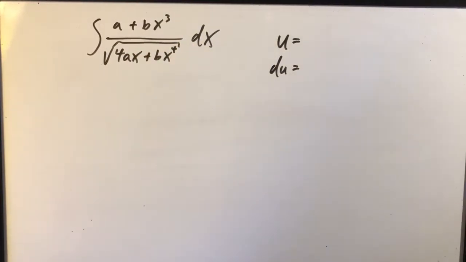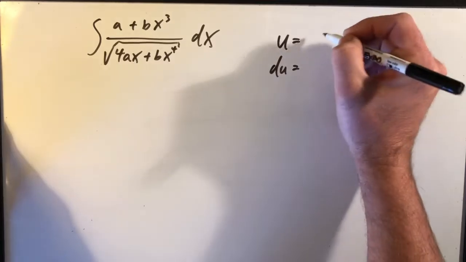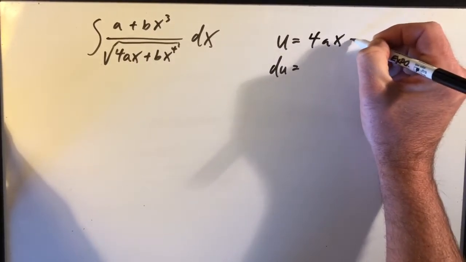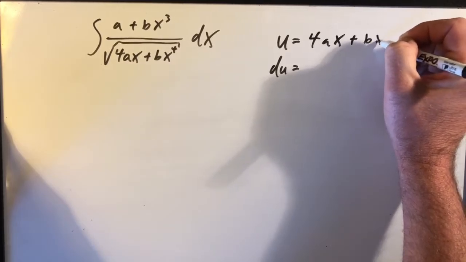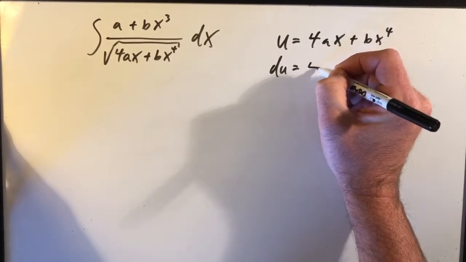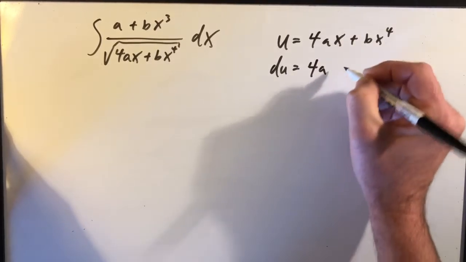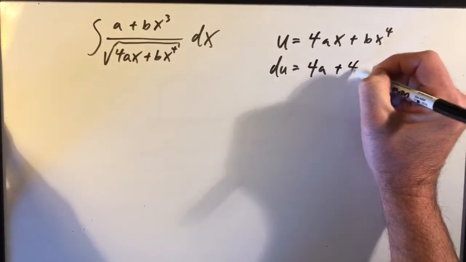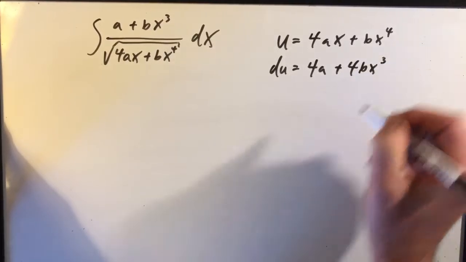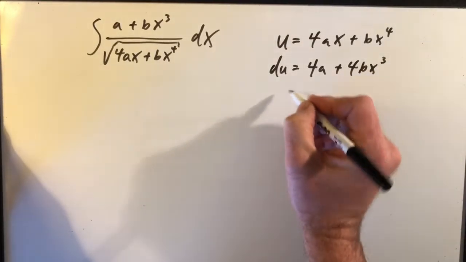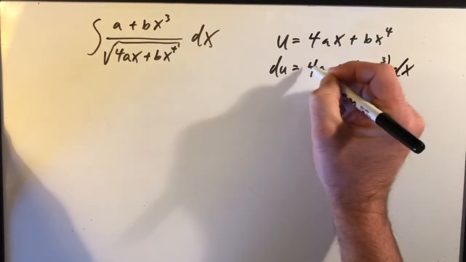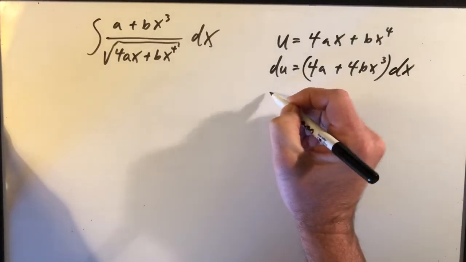So without talking too much more, I'm going to just go through it. 4ax plus bx to the 4th, the derivative of that is just going to be 4a plus 4bx to the 3rd, that's a b. Then this has a dx component, and don't forget that because that's the key to the next step.